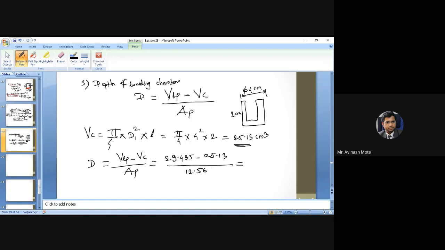12.56. Okay. If you calculate this, then 29.435 minus 25.13 divided by 12.56, so it will be coming as 0.34 centimeter. Okay, so depth of loading chamber will be 0.34 centimeter.